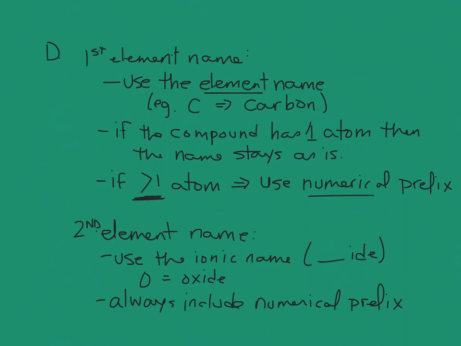The second element in the compound, you use the ionic name that ends in "ide," and then you always include a numerical prefix for the second one. Here are some examples. Some common ones you might have already heard of.